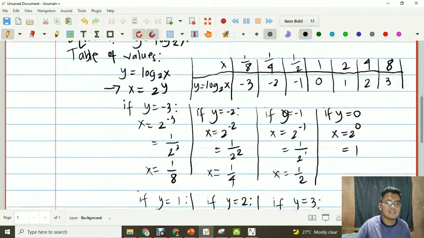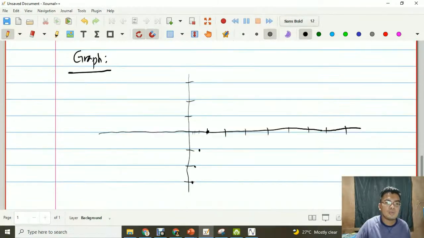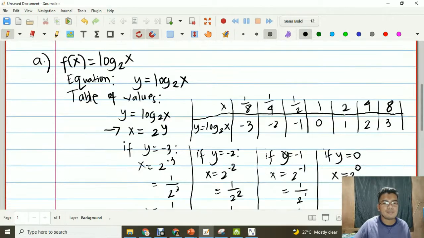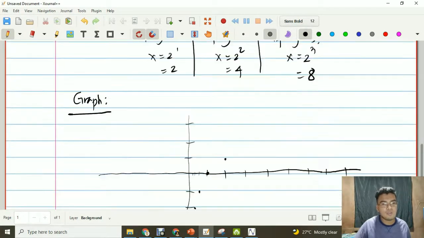If x is 2, y will be 1. If x is 3, y will be... if x is 4, y will be 2. And if x is 8, y will be 3.